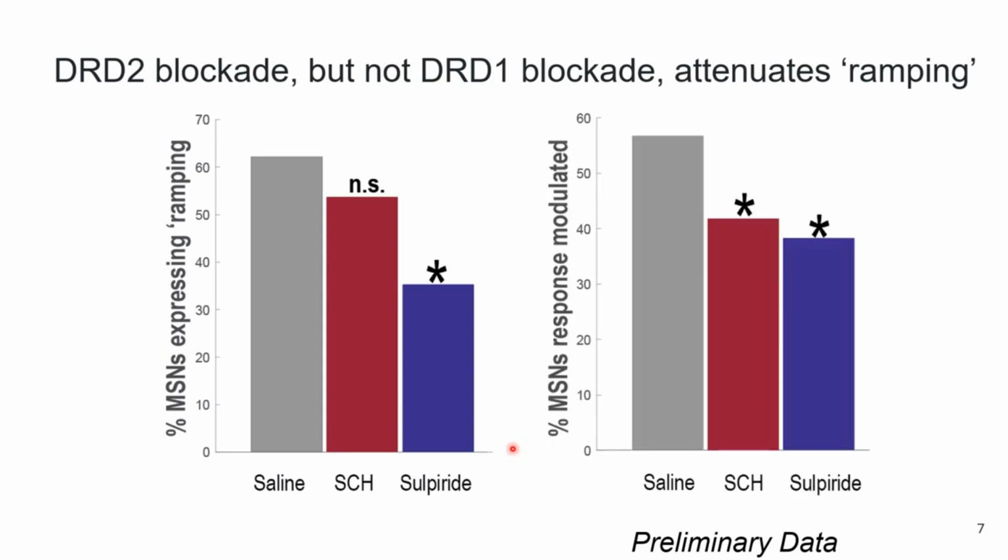However, interestingly, we found that D1 blockade or D2 blockade could attenuate the response modulation. This may provide a hint that the ramping process is more common amongst D2 than D1 MSNs.